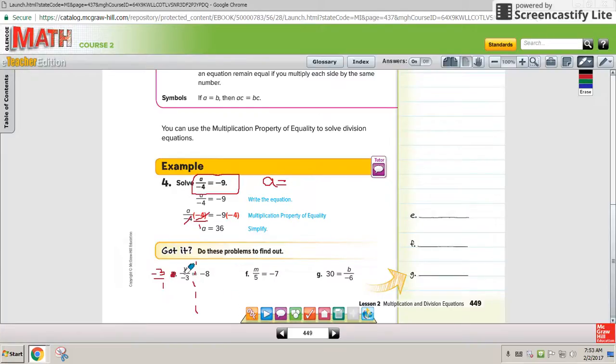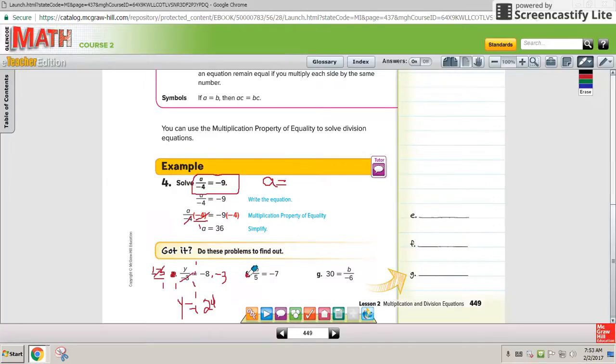So we're going to multiply on this side by -3, and we're going to multiply on this side by -3. The way we wrote it here, you should be able to see that -3 and -3 are going to be able to cross cancel. And we're left with y equals -8 times -3 is a positive 24. So y equals 24.